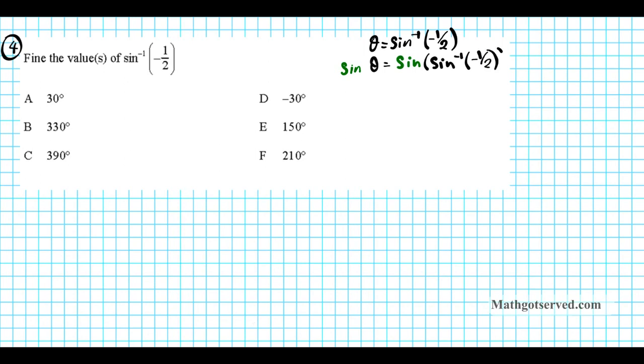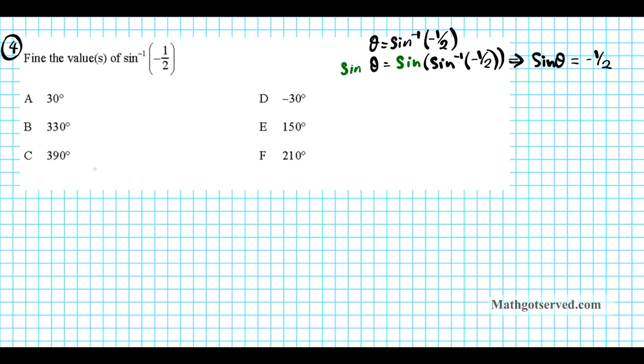This follows that on the left side, sine theta is equal to negative 1/2. So all these theta values, if I take the sine of them and get negative 1/2, then they satisfy this expression right here. Alright, so let's write down the expression I'm going to be plugging into my calculator.